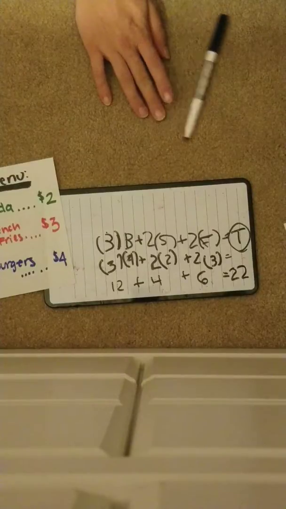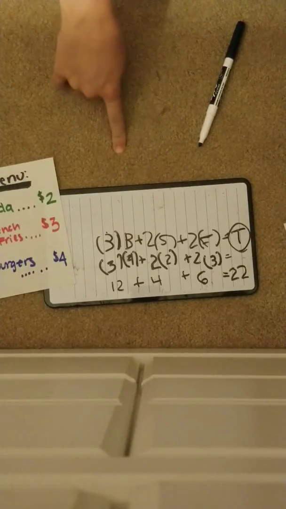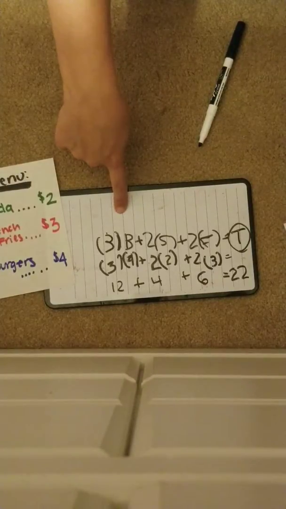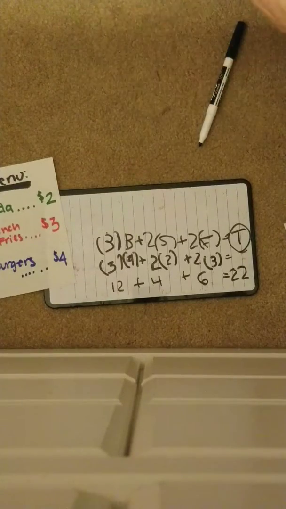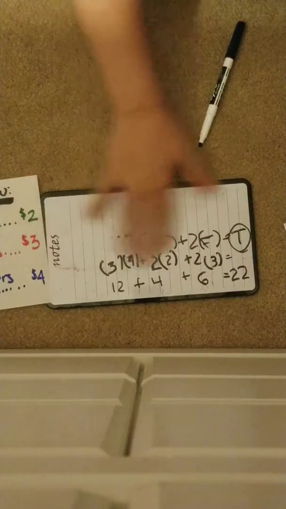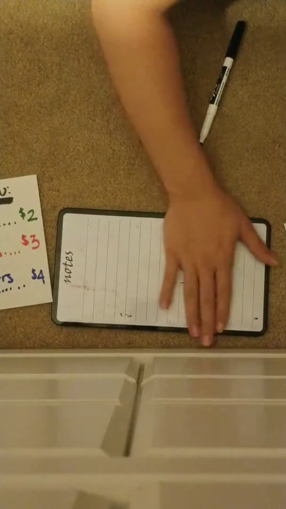So I would teach variables using different menus in order to get the students to understand that all they're doing is putting a letter in the place of a number. And once you figure out what the number is, you can plug it into each variable. Then I would work through different examples using the same menu with different orders they could have.